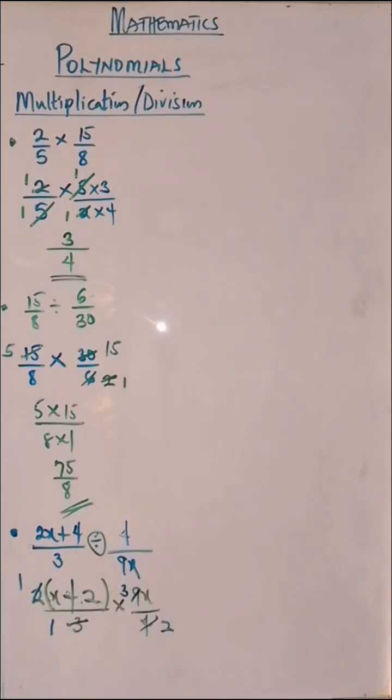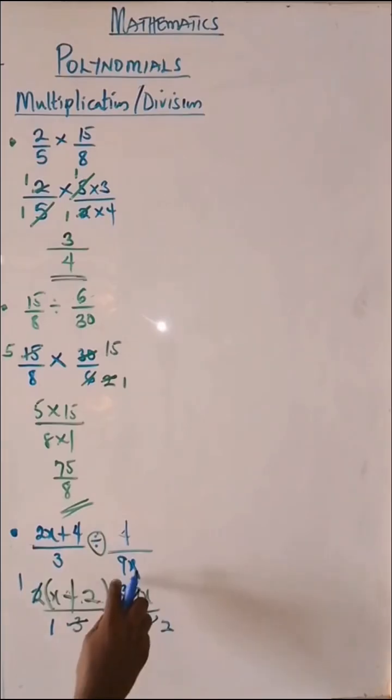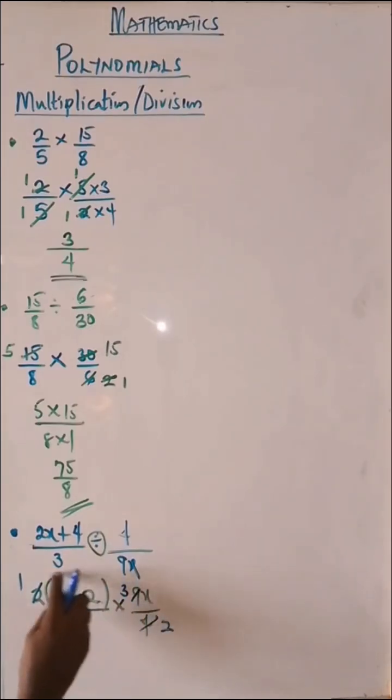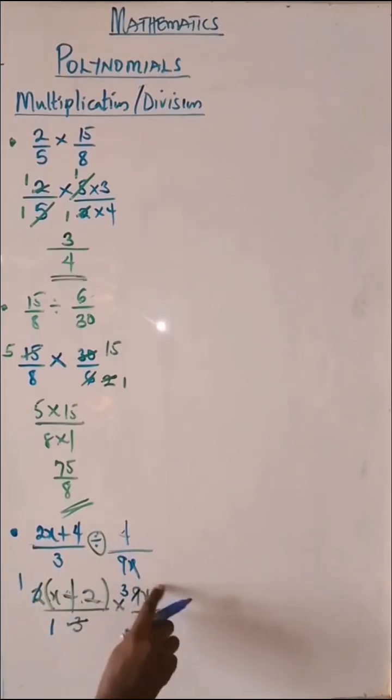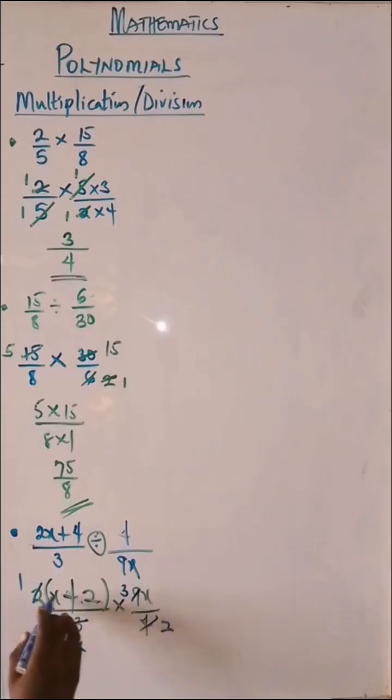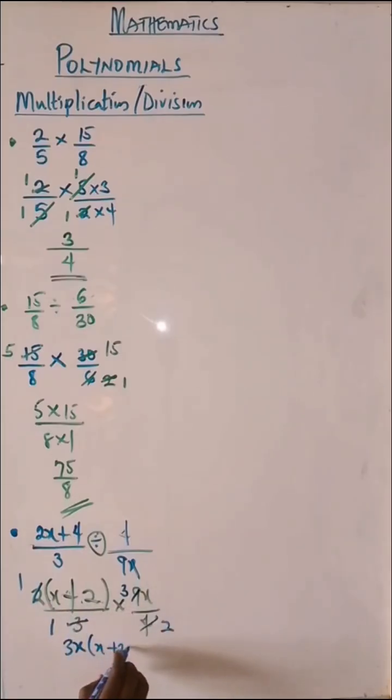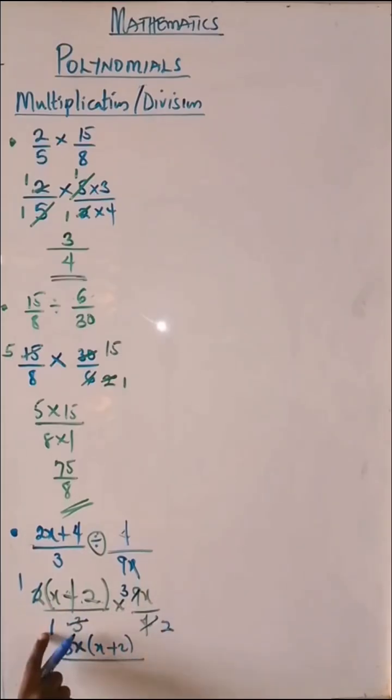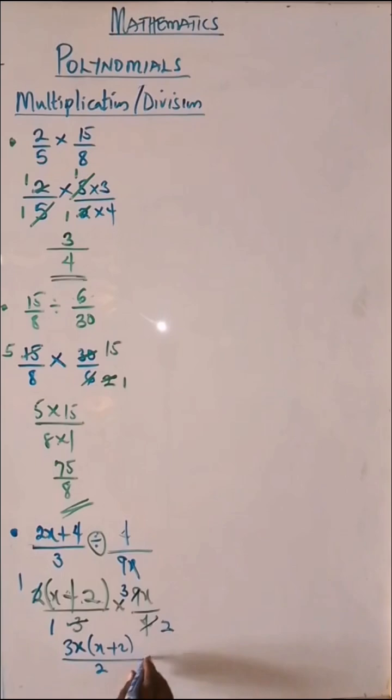So at the numerator, we have x plus 2, we have 3, we have x. So 3 times x is 3x, times everything we have here. So this with this is 3x, then with this bracket, x plus 2. Denominator, we have 2 times 1, 2. Final answer.